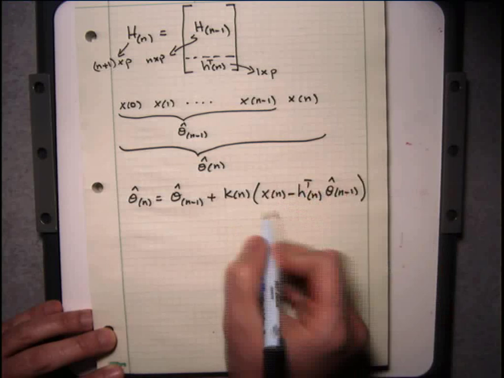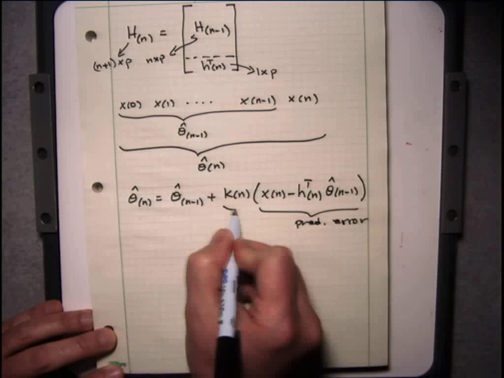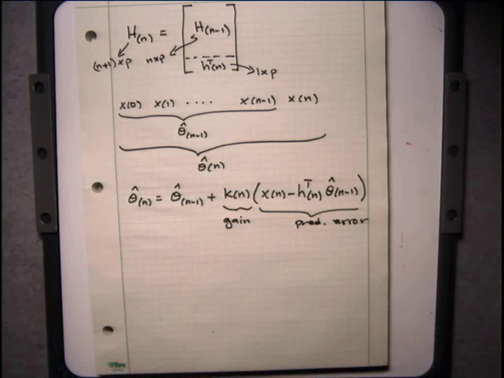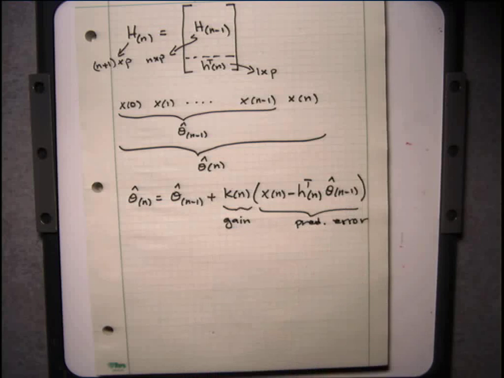So again, this is the prediction error, and this is the gain. Fundamentally, this is the same as what we saw before, except for the fact that the definitions for the gain and for this term are a little bit different. I'll tell you what they are in a minute.